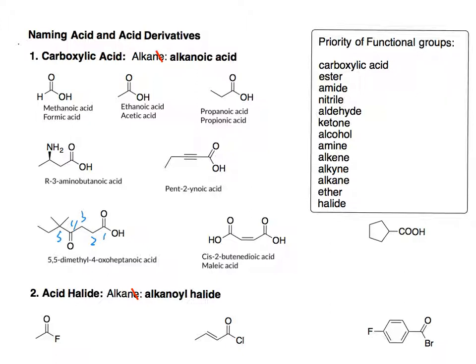And last, the carboxylic acid over here has a carboxylic acid functional group that is not in the main chain, and it connects to one of the carbons on the cyclopentane ring.